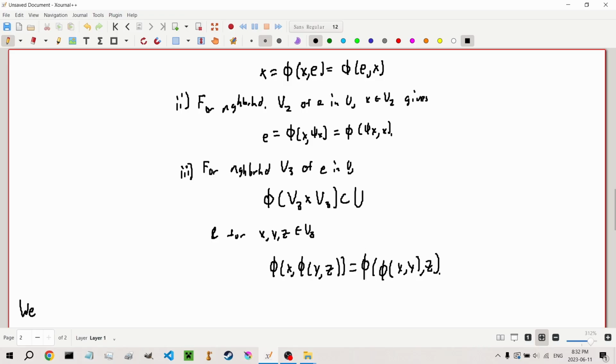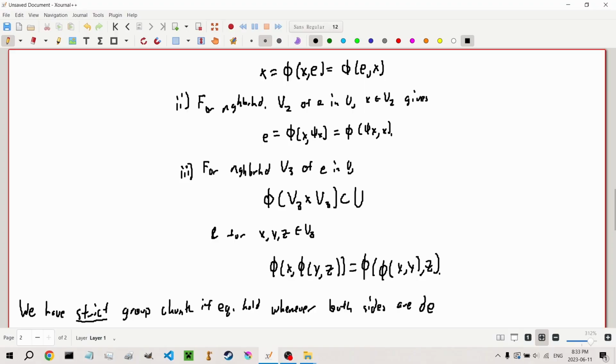And we say we have a strict group chunk if these equations hold whenever both sides are defined.